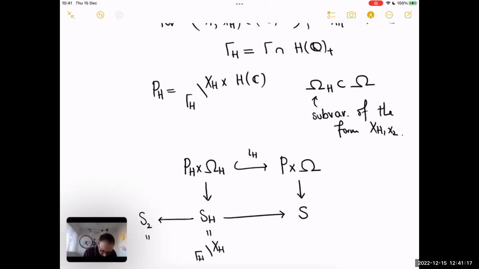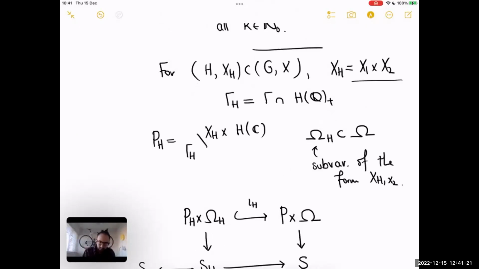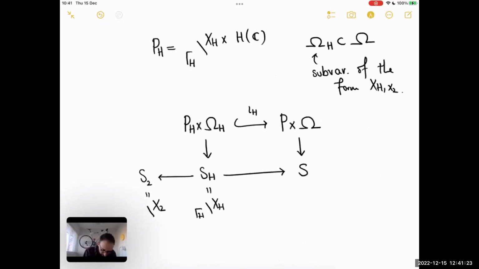And that will be the X2. So remember, XH is split into a product of two things, modulo some arithmetic subgroup of H2. So I'll just take the image of gamma H into H2. Okay, I want to give these a name, so let me call this one pi H, and let me give this one the name phi H.